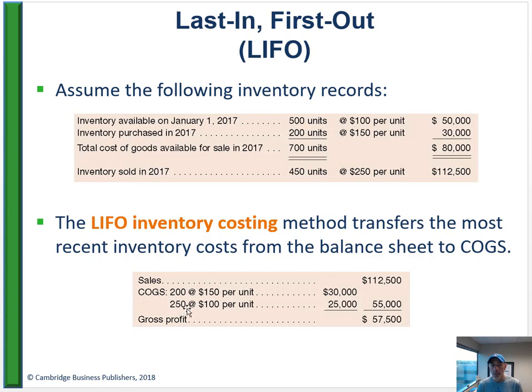And then for the remaining 250, we're going to look back and we see that we have to cost those at $100 per unit. So we have 250 units cost at $100 per unit. We add those up, so we have 30,000 and 25,000 for a total cost of $55,000 and gross profit of $57,500.